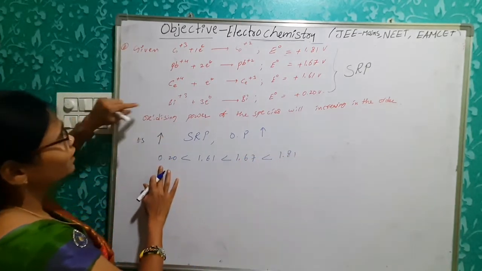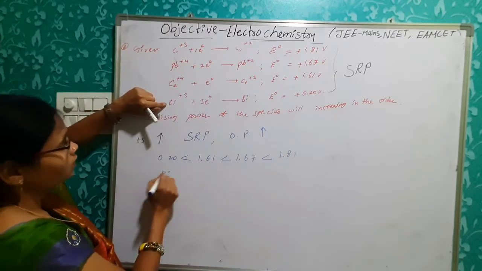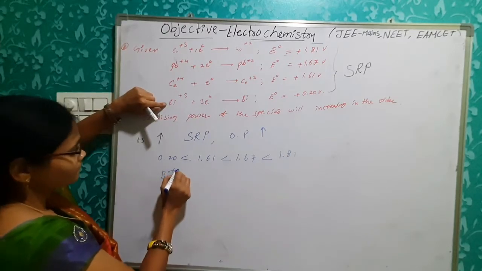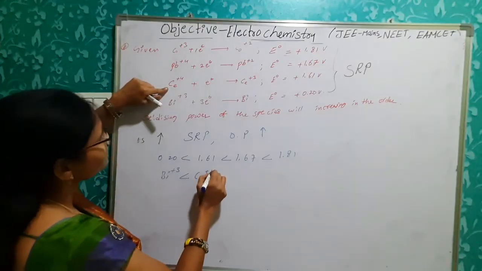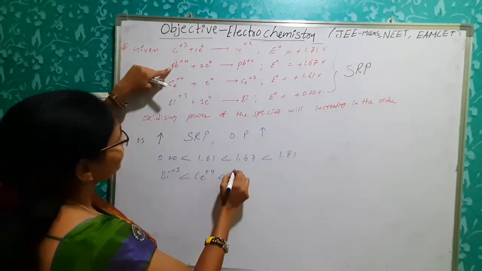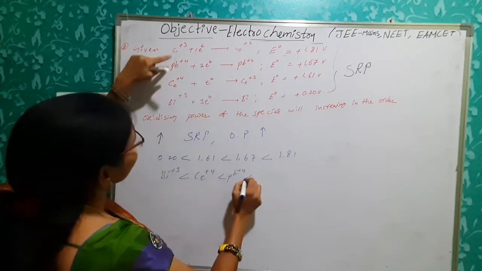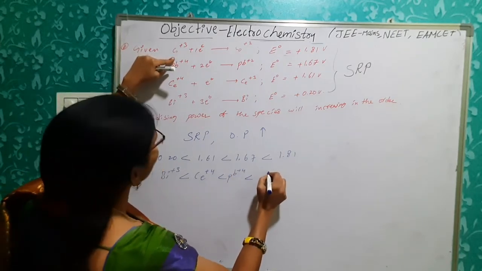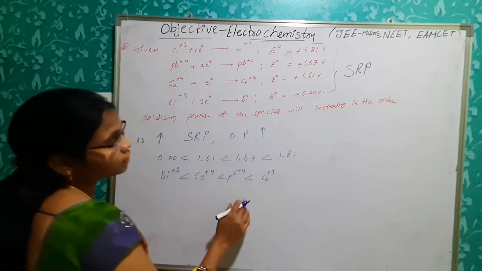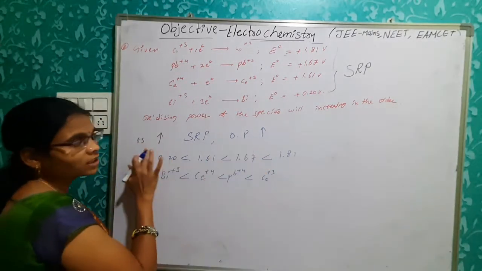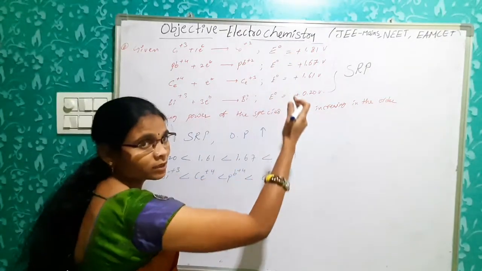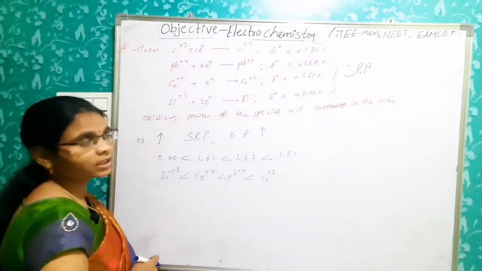So 1.61 is bismuth, less than that of cerium, less than that of lead, plumbum, less than that of cobalt. So this is the increasing order of their oxidizing powers. Oxidizing power increases with increasing standard reduction potential values. Clear?